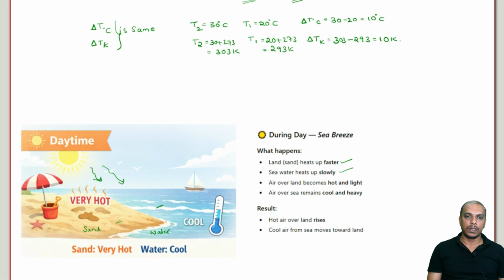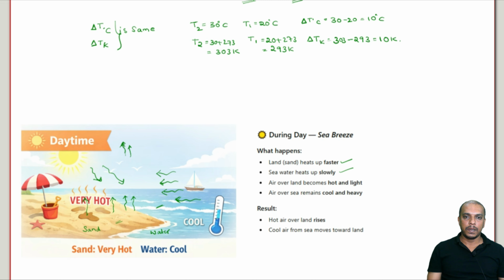Seawater heats up slowly. Obviously, the air over the land becomes hot and light, and because of this, the air above the sand gets heated up and starts rising. So there is an empty space because hot air rises up here, and relatively cold air comes from the relatively colder surface, that is the air above the water.